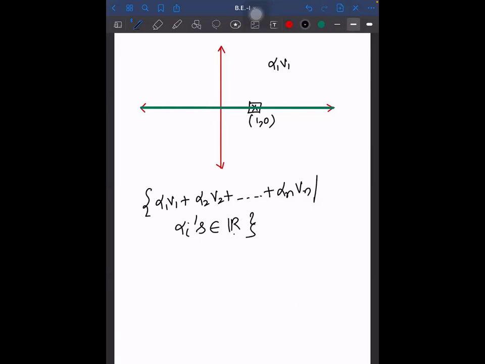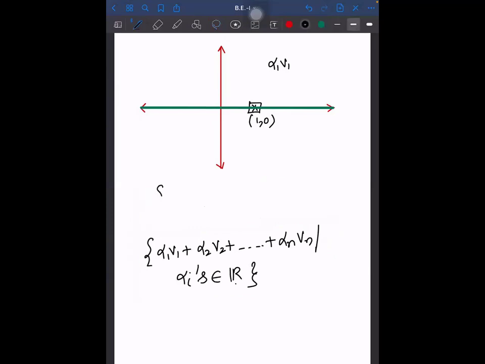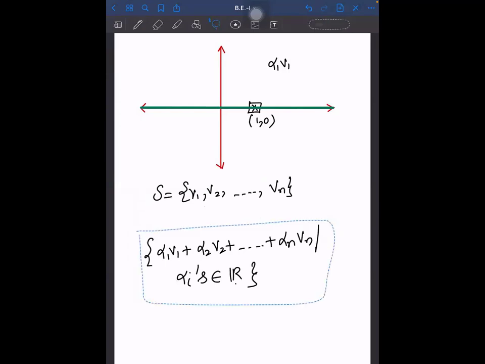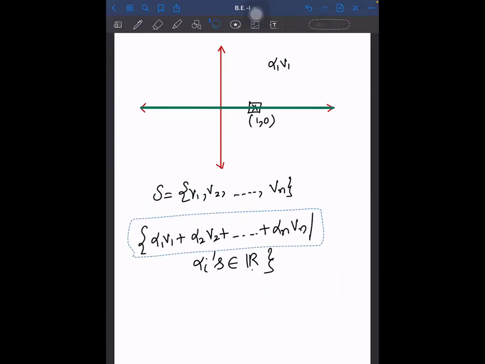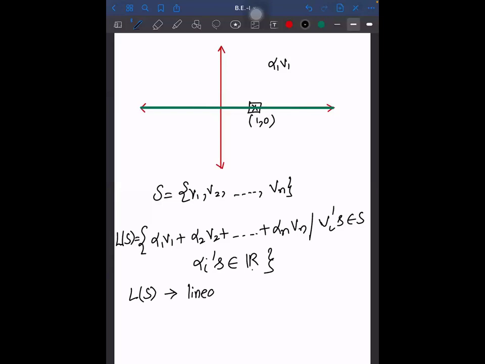If I denote the n vectors also by a set and name it S, so let's say S is {V1, V2, ..., Vn}, and I make another set, alpha 1 V1 plus alpha 2 V2 plus ... plus alpha n Vn, such that each alpha belongs to the real numbers and each Vi belongs to S, then this set is called the linear span of S, written LS.